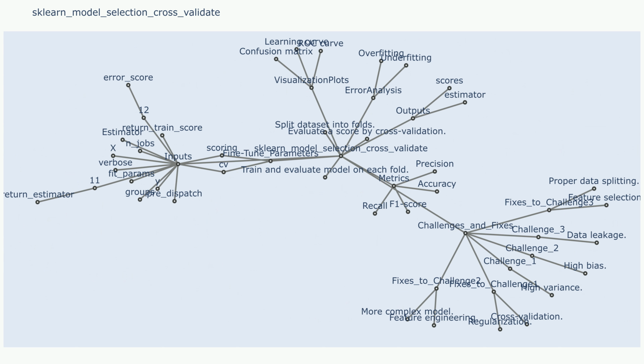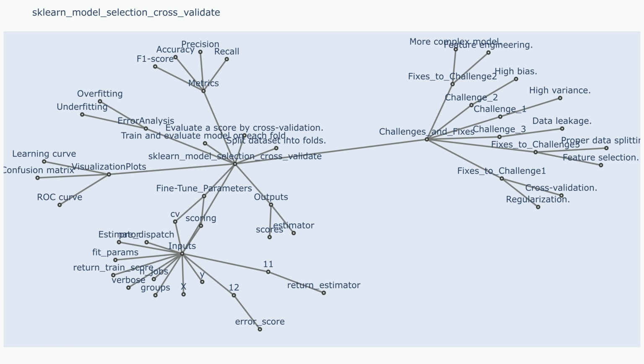Maximum depth of trees, max depth: controls the complexity of individual trees, preventing overfitting. Learning rate, for gradient-based algorithms: adjusts the step size taken during optimization. Number of features, max features, for tree-based methods: controls the number of features considered at each split.